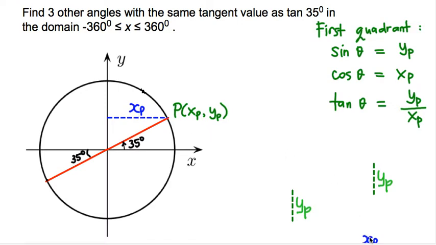Now, because of the symmetry, of course, then we know that this length over here will also be equal to xp. However, since now we are at the other side, the negative side of x-axis, we know that the coordinates of this terminal point is going to be negative xp.